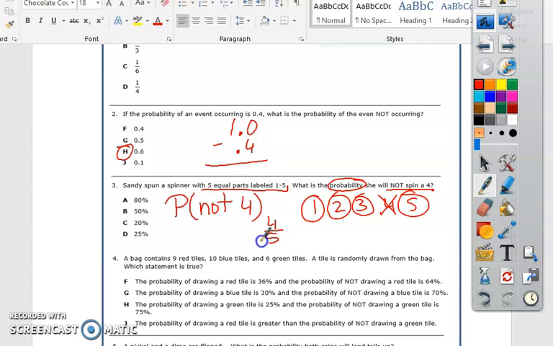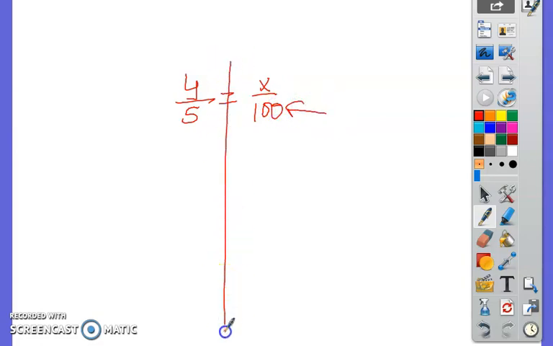I don't see 4 out of 5 here. Luckily, I'm not seeing 45% because some of you would choose that. So guys, if it says 4 out of 5, let's just change it to a percent. Remember, we compare it to this magic number. What's that?